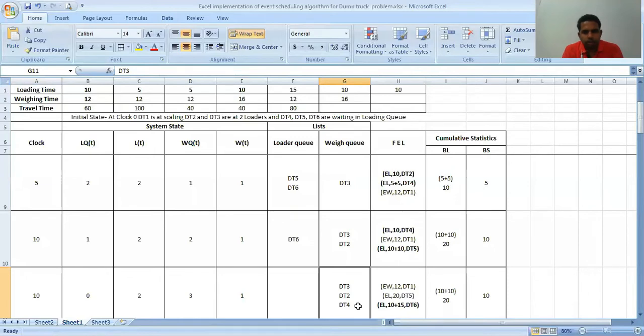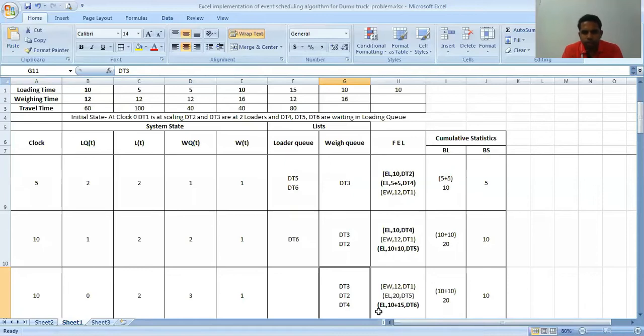And the event notices are going to be EW, 12, DT1, explaining DT1's weighing process will be ending at clock time 12, and EL will be ending the loading at the loader with respect to DT5 at clock time 20.